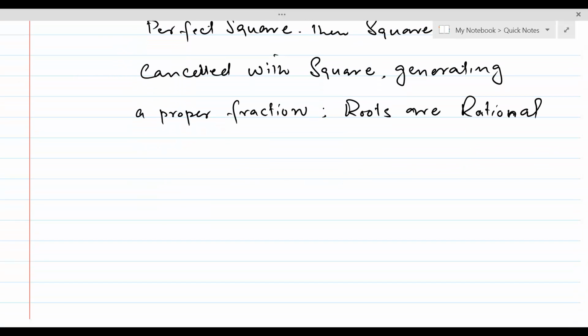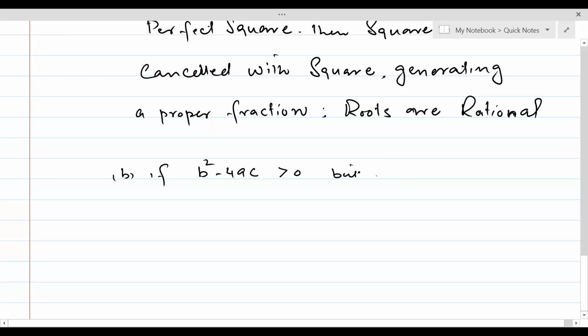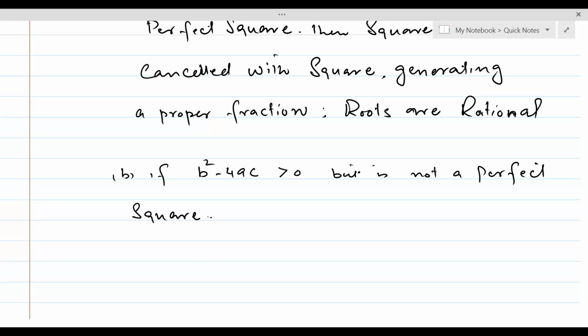And the other part, if b square minus 4ac is greater than 0 but is not a perfect square, then obviously the square and square root will not cancel with each other. Therefore, there will be an irrational number in the part of the square root, resulting in the overall roots of the quadratic equation ax square plus bx plus c equal to 0 being irrational.